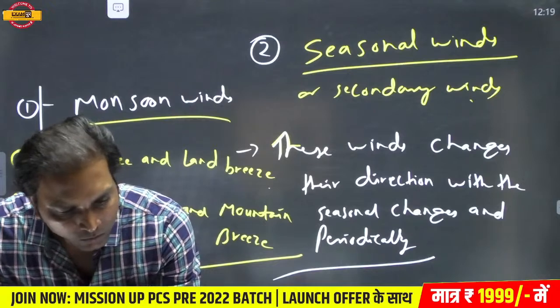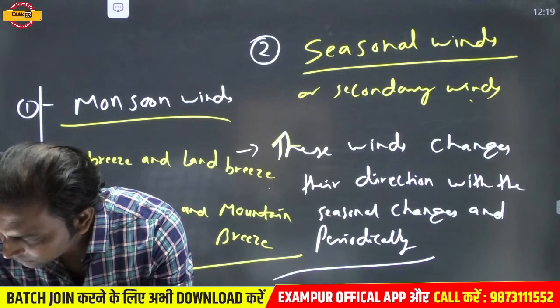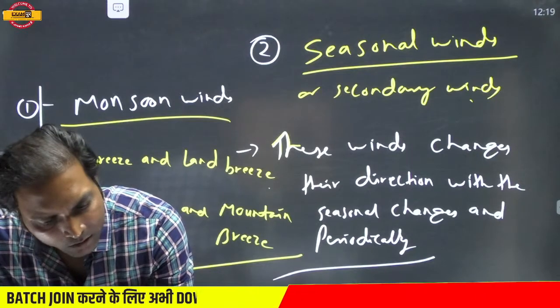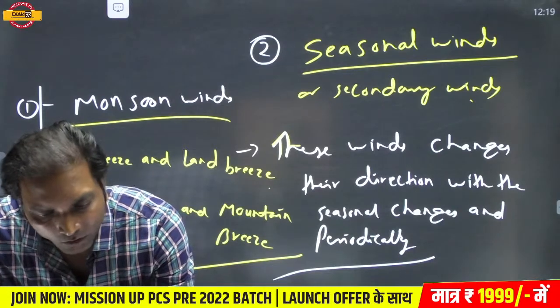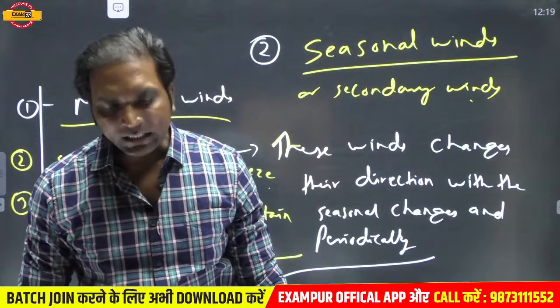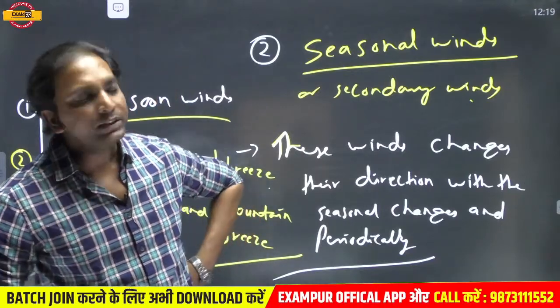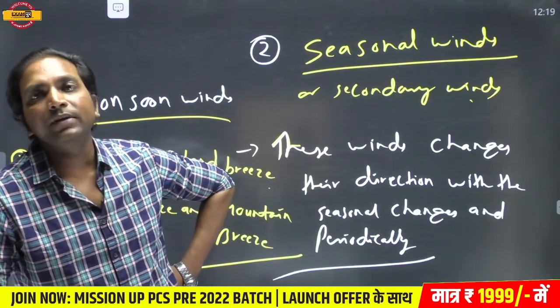So write down one or two sentences about the monsoon winds. A monsoon wind is a seasonal wind found especially in Asia that reverses direction between summer and winter and often brings heavy rains.